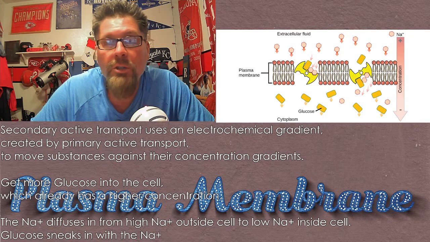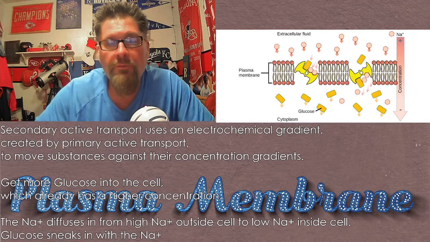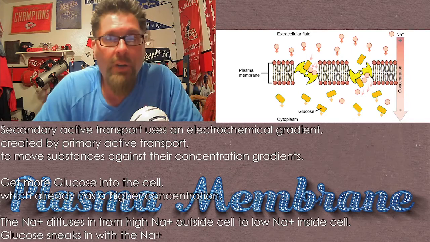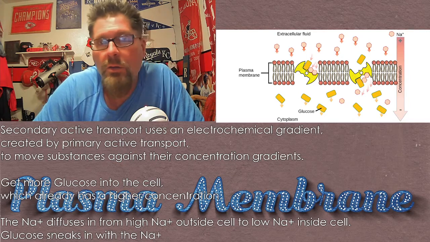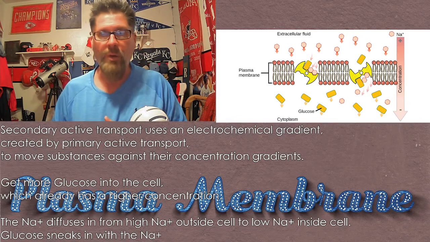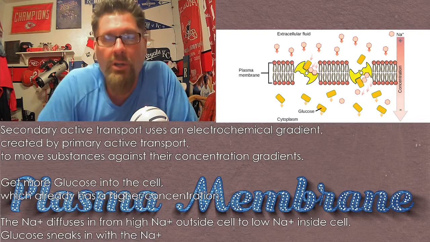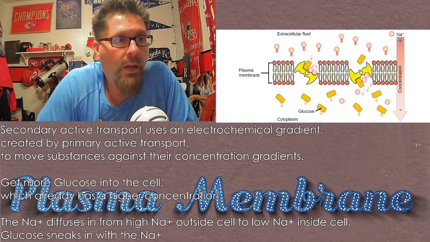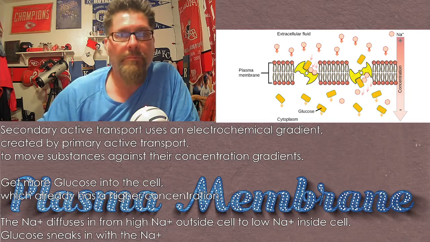So you're just using the energy from the first transport, because you had to open up a big amount of energy, and you didn't use up very much of it. So secondary transport comes along and uses the excess energy to get that done, so the cell doesn't waste any of the energy.